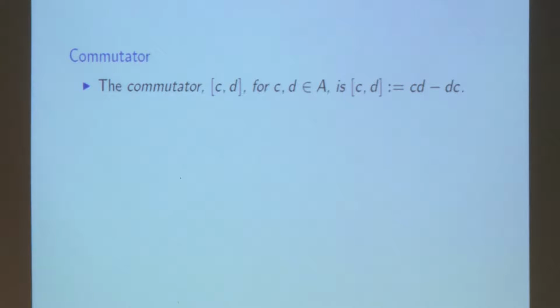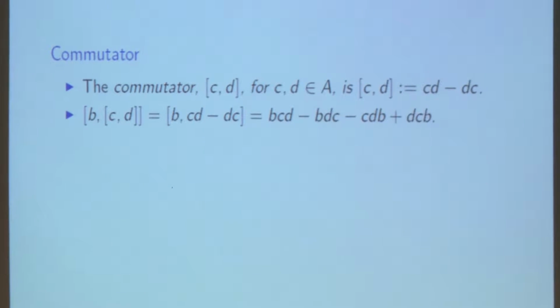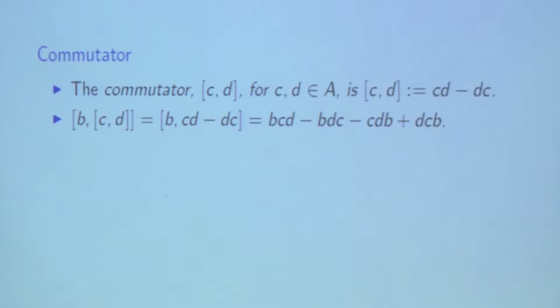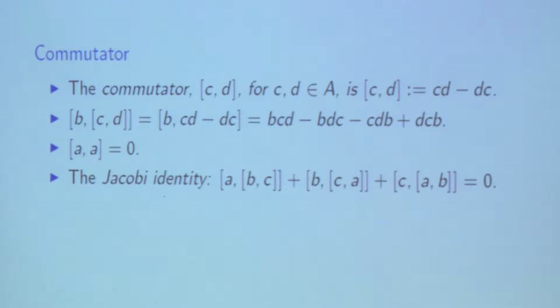The commutator of c and d is the product cd minus dc. And if we have a commutator of b with the commutator of c and d, first we do the inside [c,d] and then we do all together. The commutator of a and a equals 0 because aa minus aa is 0. The Jacobi identity is given by this equality.